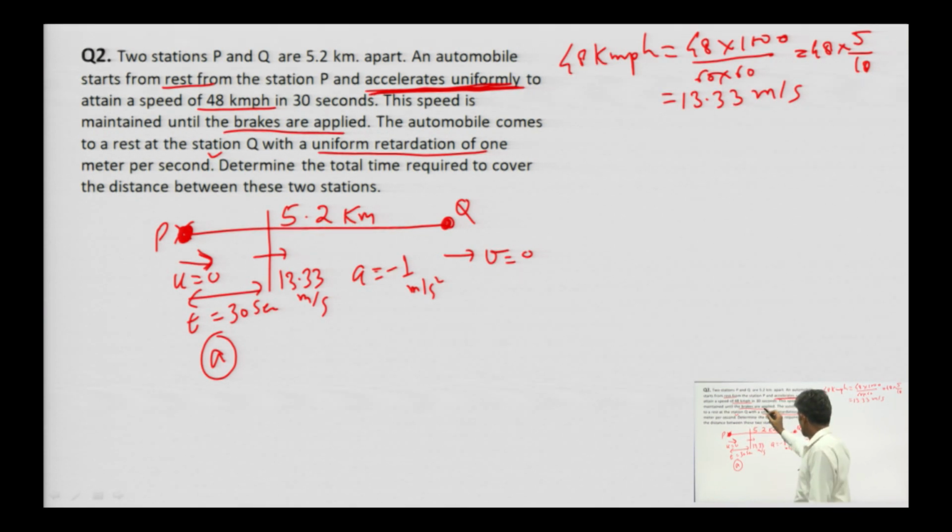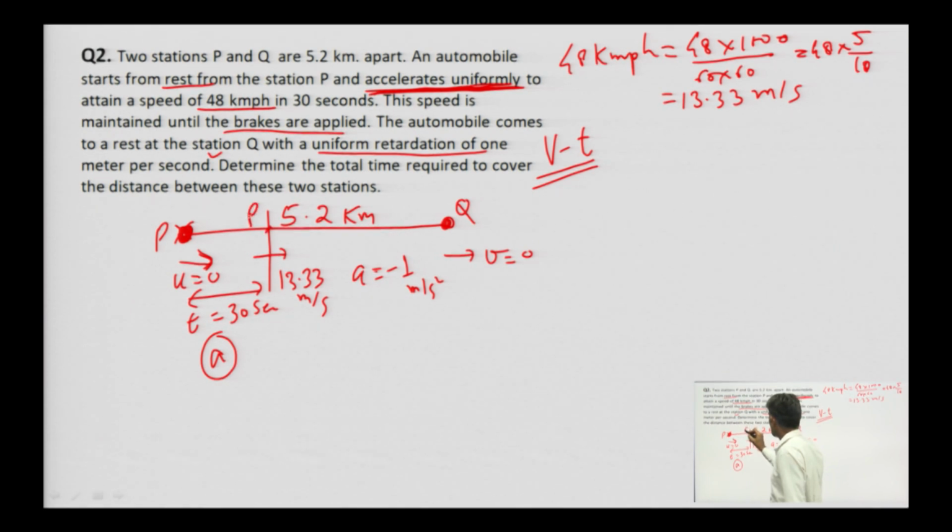Okay. So, here it is better to plot the velocity versus time plot. Suppose this point I am defining as R. So, for P R and R Q.